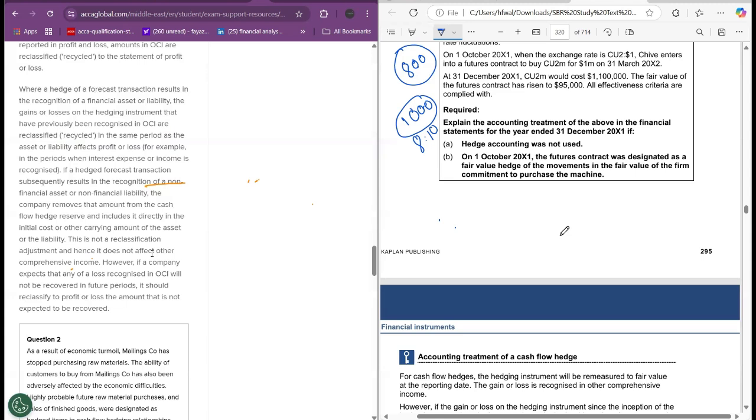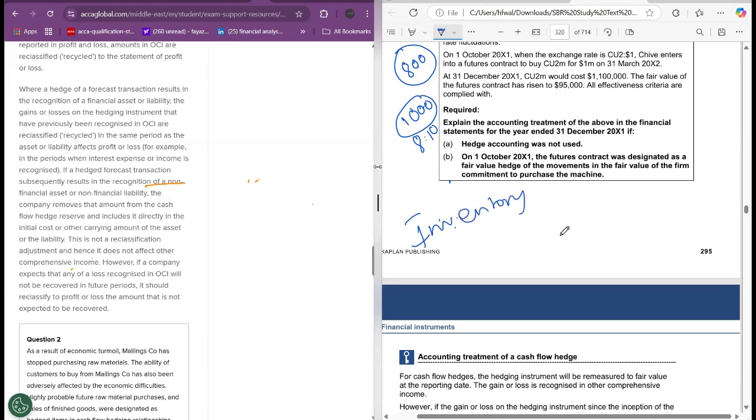So it is saying that we will adjust our gains and losses if, for example, it is not a transaction affecting the P&L, it is a transaction associated to some asset or liability which will lead to a future recognition of an asset or liability. Simply, whatever cash flow hedge reserve gains and losses there are will be adjusted in that asset or liability. For example, let's say it is resulting in an inventory item.